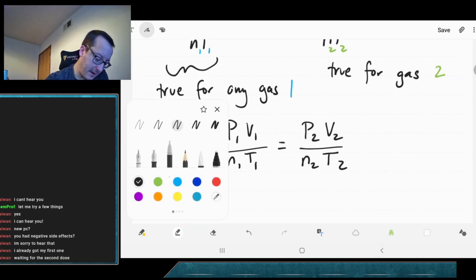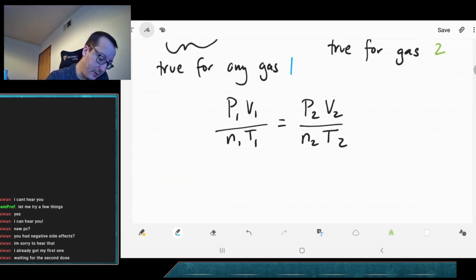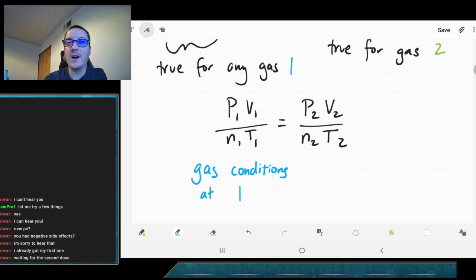And so we can look at basically the conditions of 1, whatever those happen to be. So whatever we're going to start with, your initial conditions.